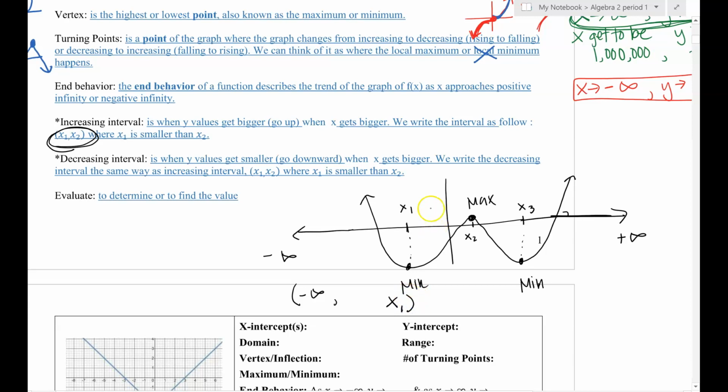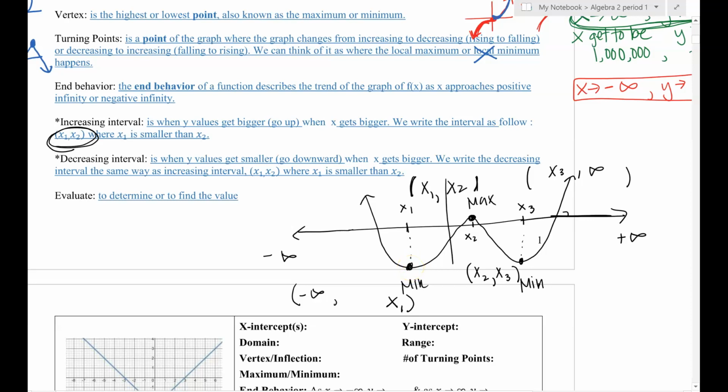The second interval, up here on the top, is x1, comma, x2. Then the third is x2, comma, x3. And we haven't really decided which ones increase and decrease. And then this last one goes all the way from x3 to infinity. These are just separating the vertices.